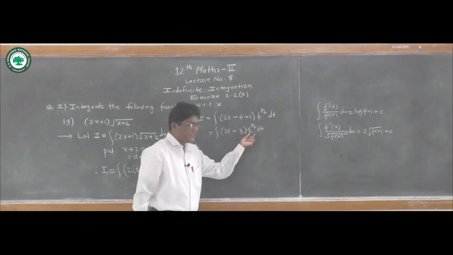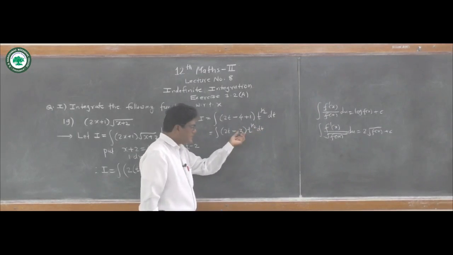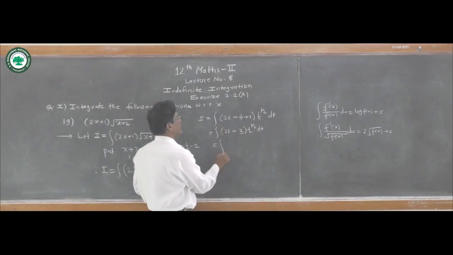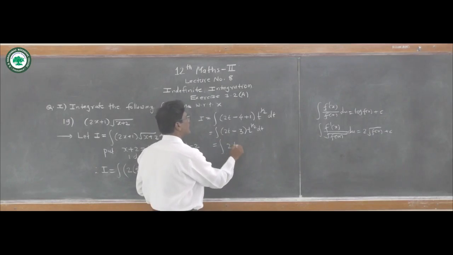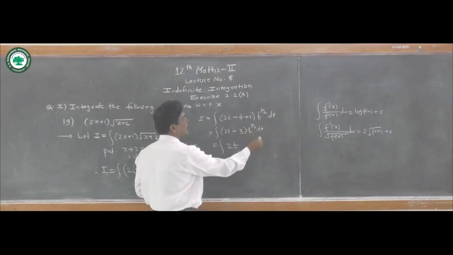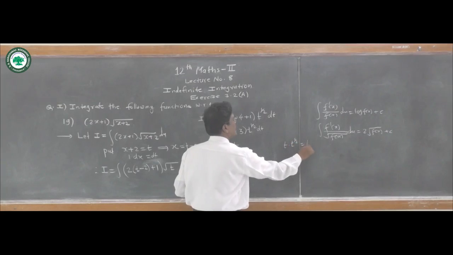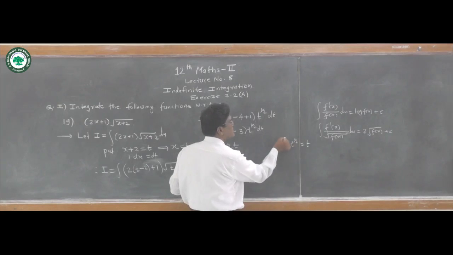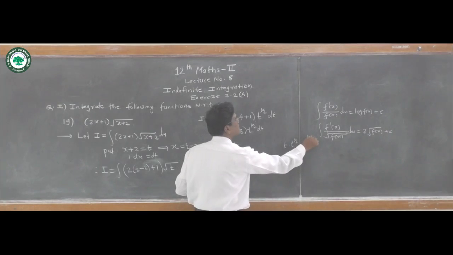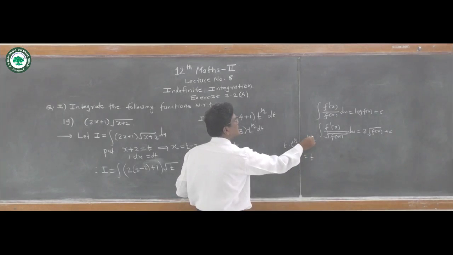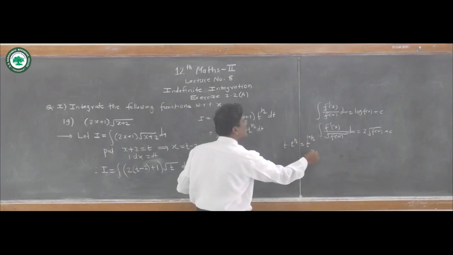Now multiply by t to the power half inside the bracket. So we get the integration of 2t into t to the power half. t into t to the power half, we write as t to the power 1 plus half, that is 3 by 2.